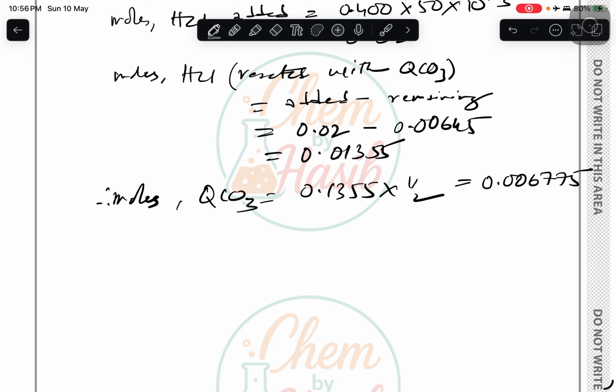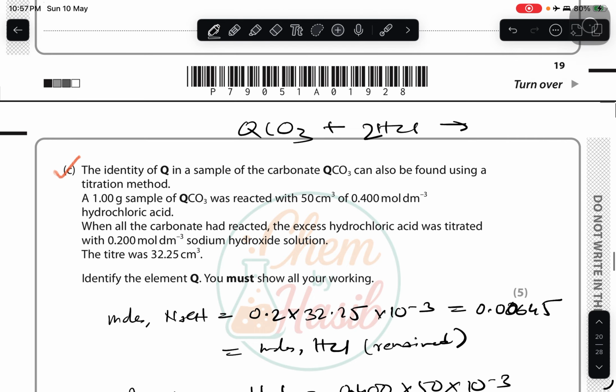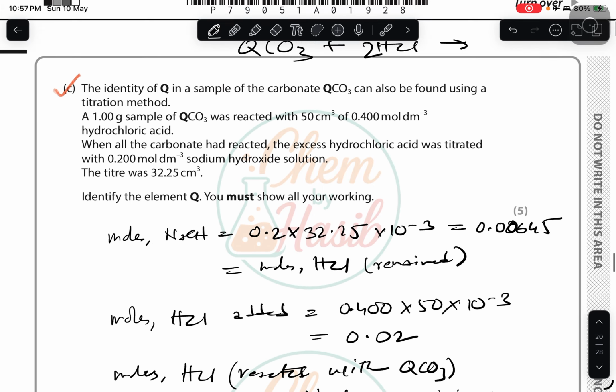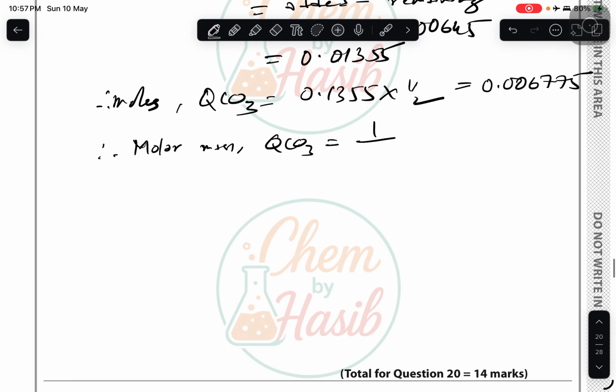And from here you can find the molar mass. Molar mass of QCO3 would be mass divided by number of moles, 1 divided by 0.006775.